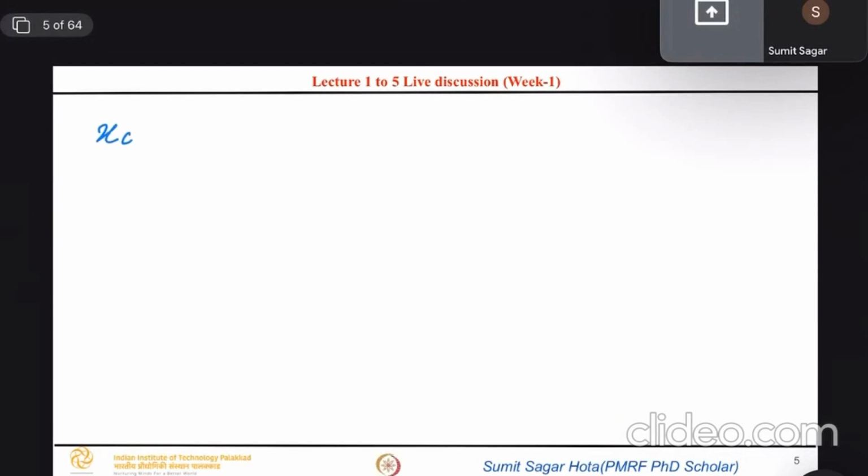Now Xi is equal to Ni by the summation of Ni. I will tell you in detail how I calculated these values, so you see how I am calculating for this species. A similar approach you have to follow for other species. Ni is the number of moles and the summation of Ni is the total number of moles.